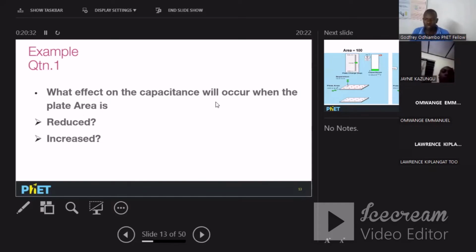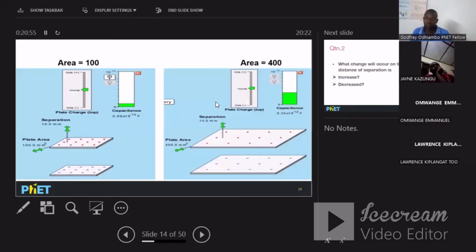The question is, what effect on the capacitance will occur when the plate area is increased? The student is given two choices: the first one, reduced; the second one, increased. The students will suggest the correct answer, and after that, the teacher will manipulate the sim.